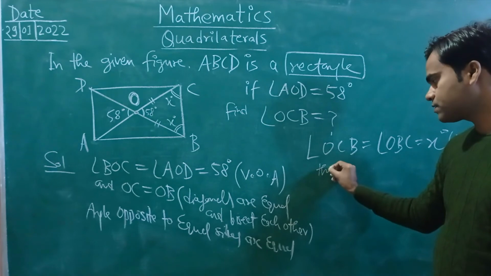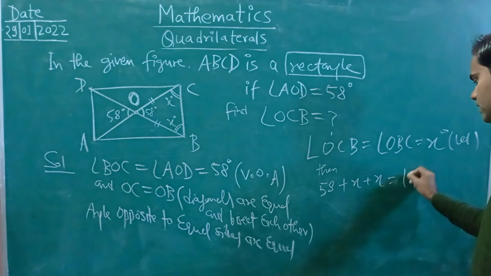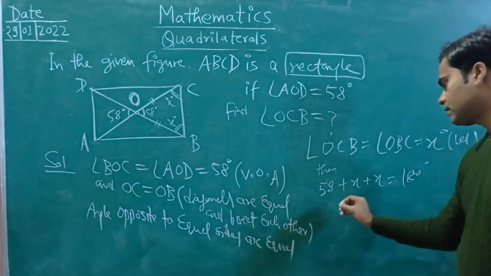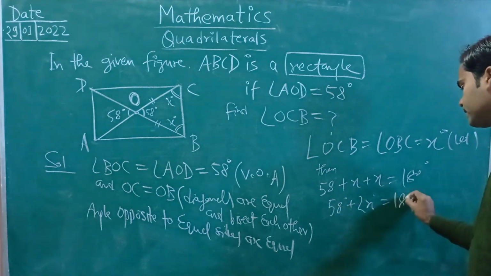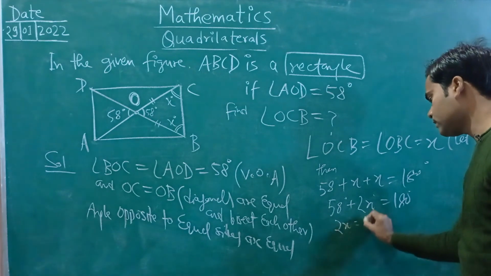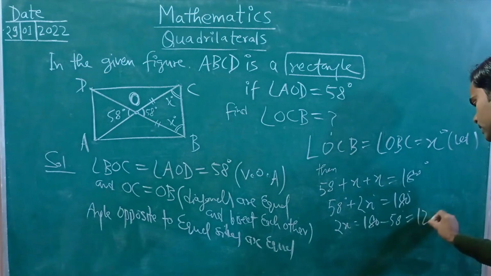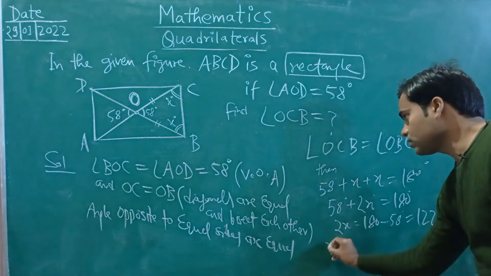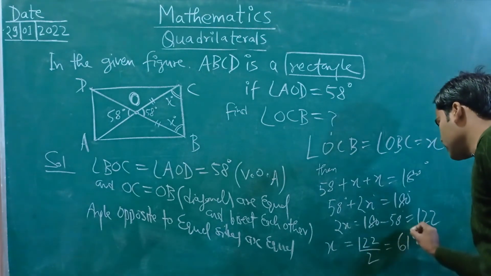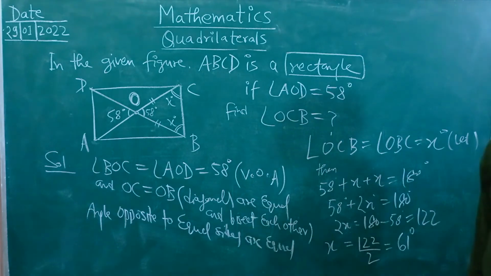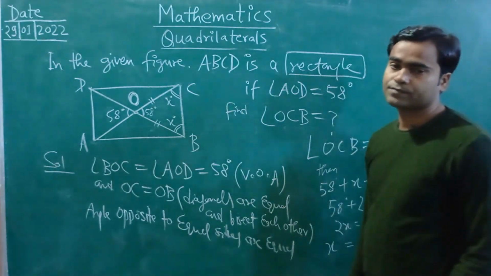Then by angle sum property 58 plus 2x is equal to 180, and then 2x will be 180 minus 58. 180 minus 58 is 122, so x is 61. Hence angle OCB will be of 61 degree. It is our answer.